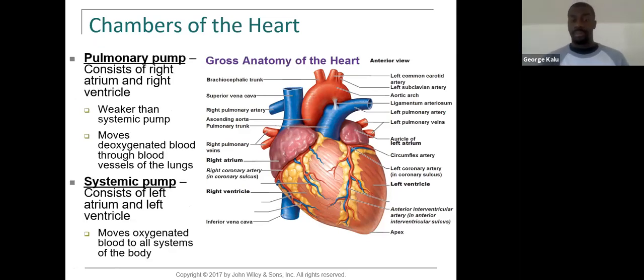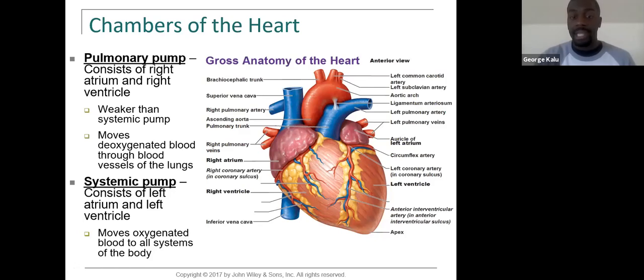Now, when we look at the heart, there are two pumps found within it. The first pump is referred to as the pulmonary pump. The pulmonary pump is made up of the right atrium and the right ventricle. This pump is responsible for pumping blood out of the heart and into the blood vessels of the lungs.